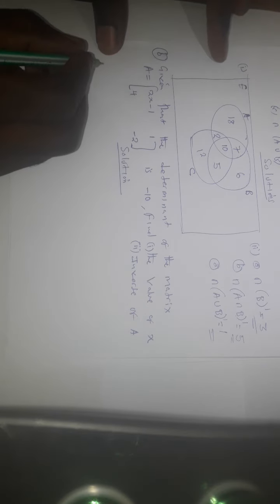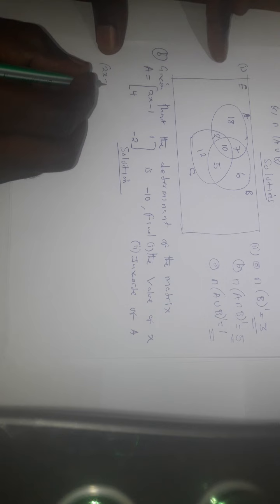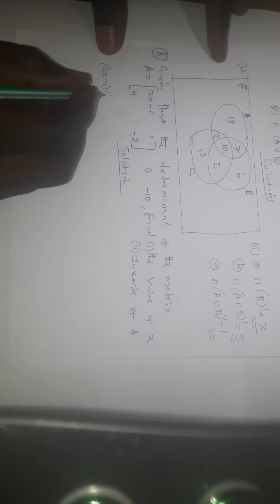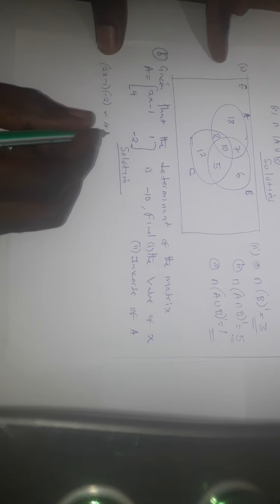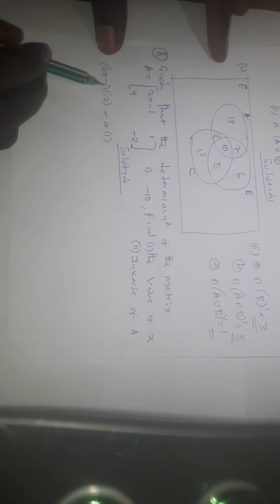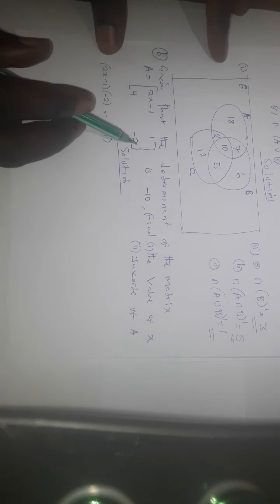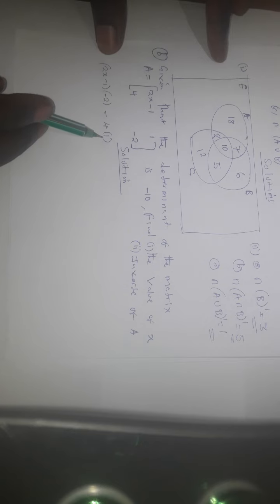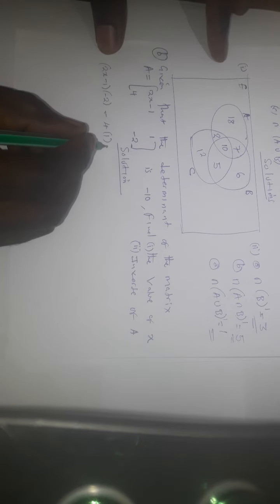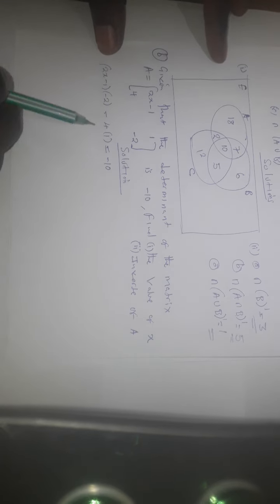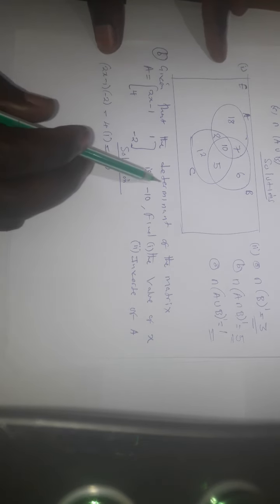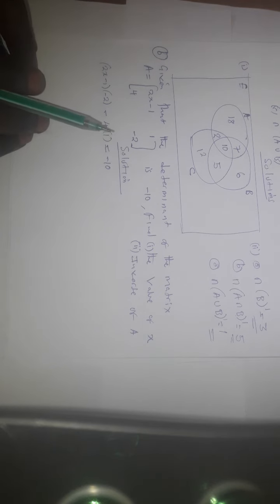So this means we are going to say 2x minus 1 is going to multiply negative 2, then minus 4 times 1. So this is the product of the major diagonal. We subtract the product of the minor diagonal. And this should be equal to negative 10 because this has been given as the value of the determinant in the question.